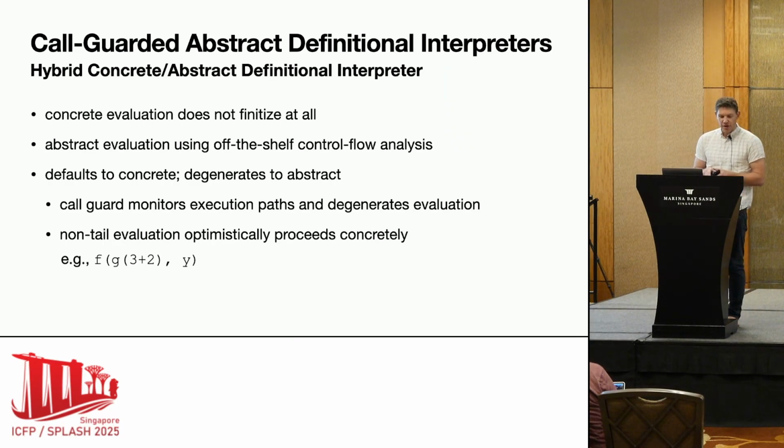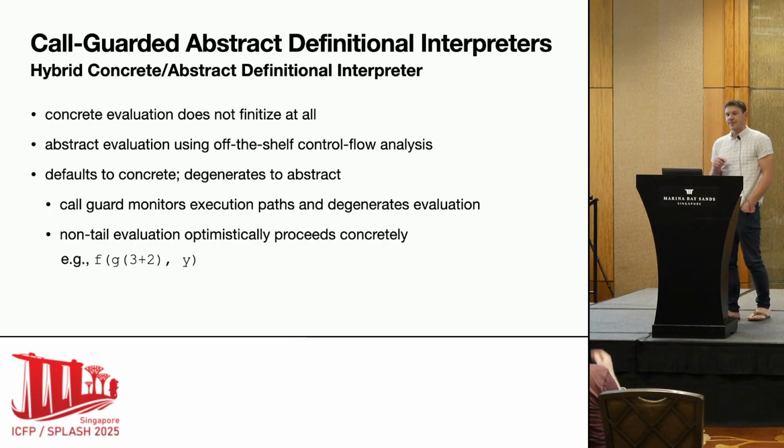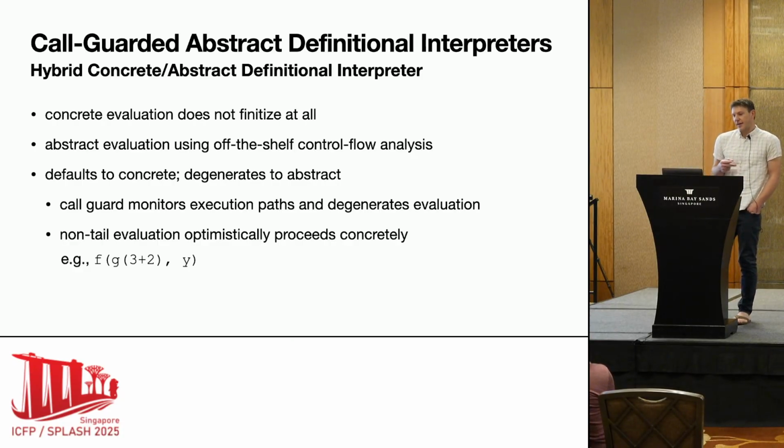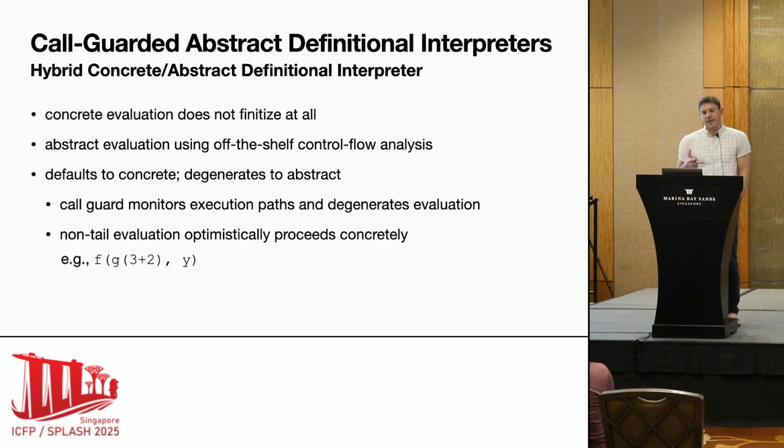So now I want to tell you what a call-guarded abstract definitional interpreter is. It's a hybrid interpreter that contains a full copy of the concrete and abstract semantics. The concrete semantics are completely precise. There's no finitization involved in them. And the abstract semantics are pulled just from an off-the-shelf analysis like KCFA. And the way the interpreter works is that every evaluation is optimistically started using the concrete semantics.